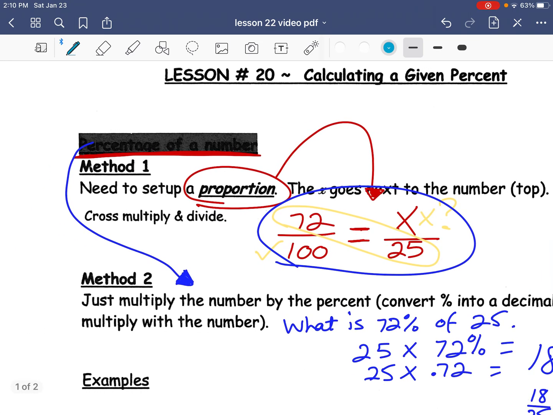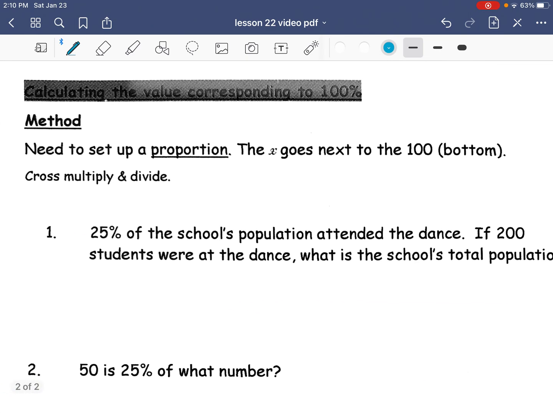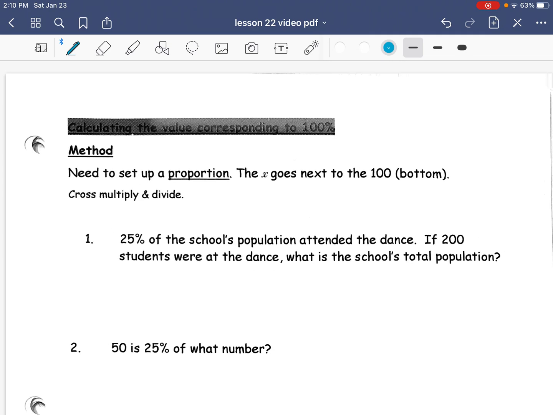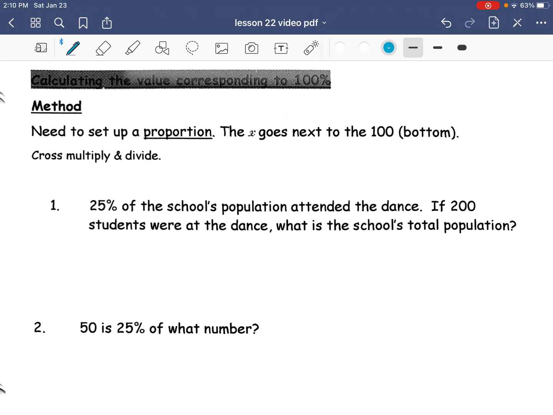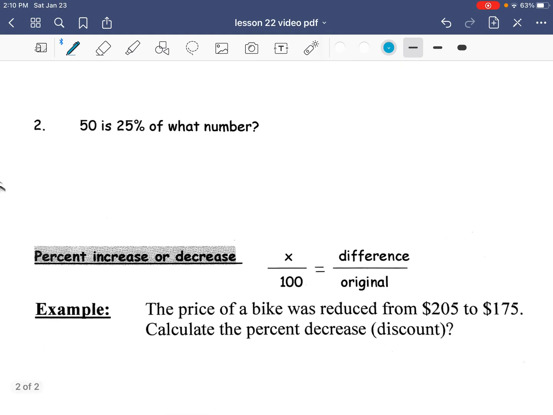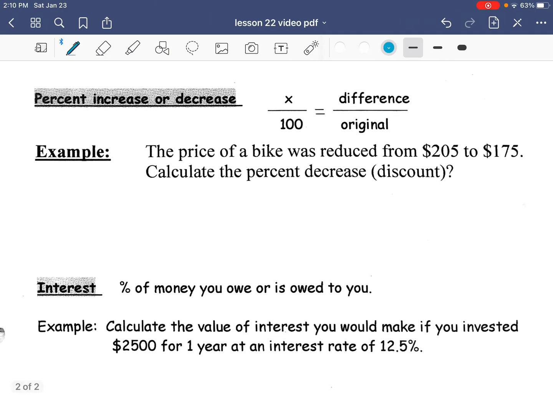That's your first method. The second method that we're going to look at in this lesson is calculating the value corresponding to 100%. We also look at percent increase and decrease, and we also look at interest rate.